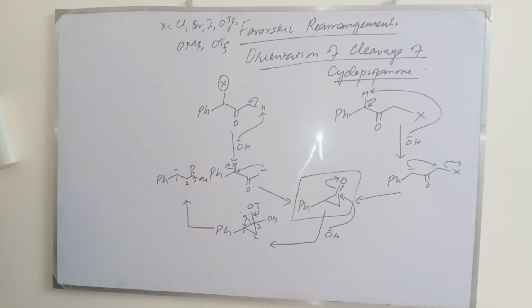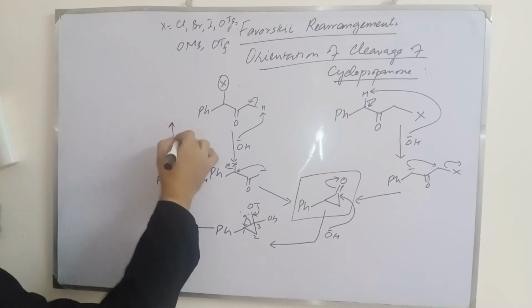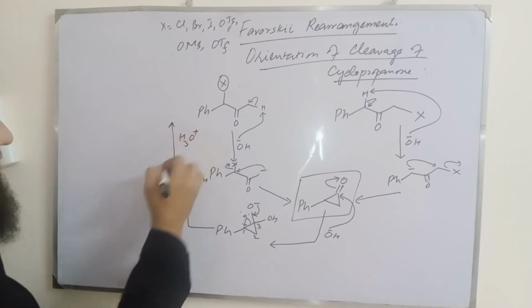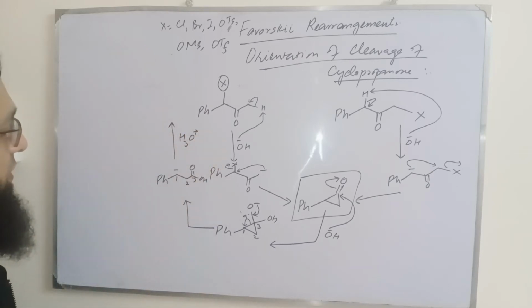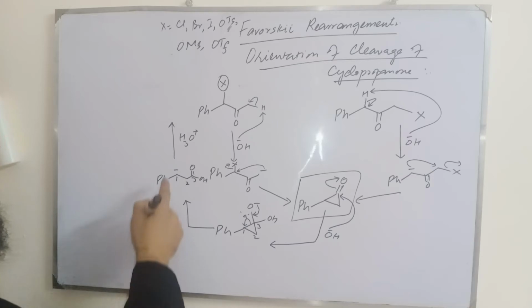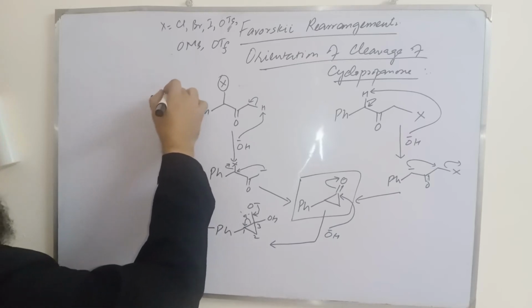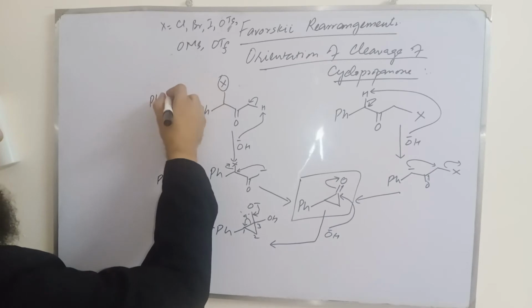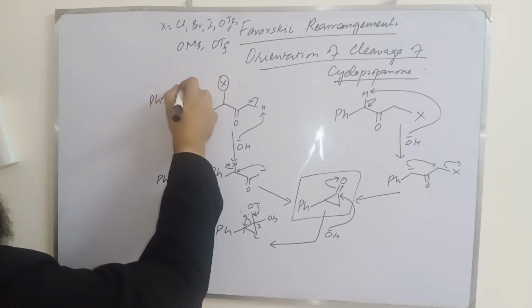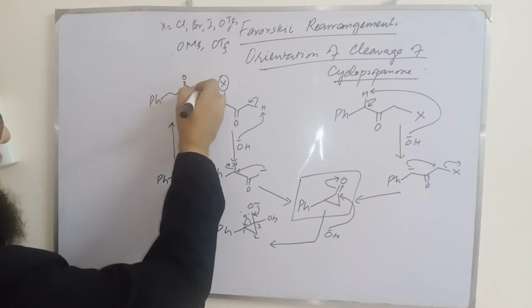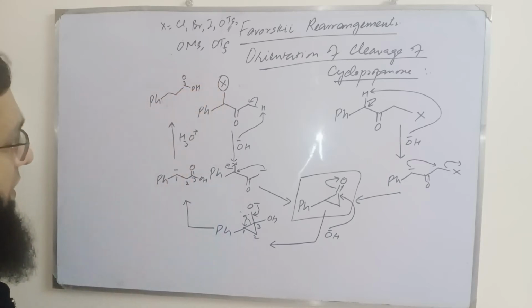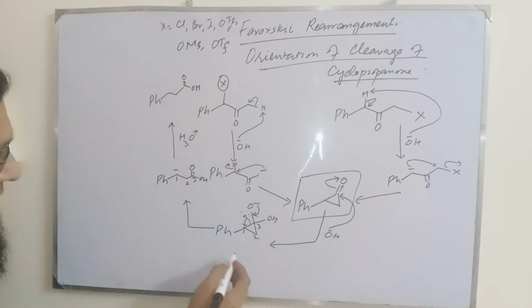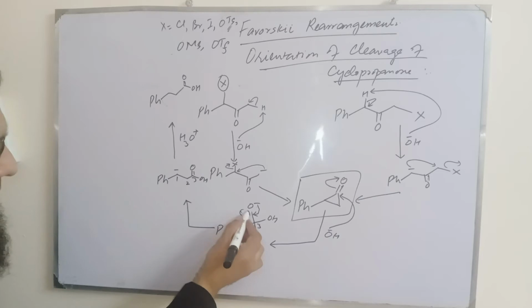So we get this one, and after protonation, addition of acid for hydrolysis, we would get the corresponding carboxylic acid. And this was the possibility A.